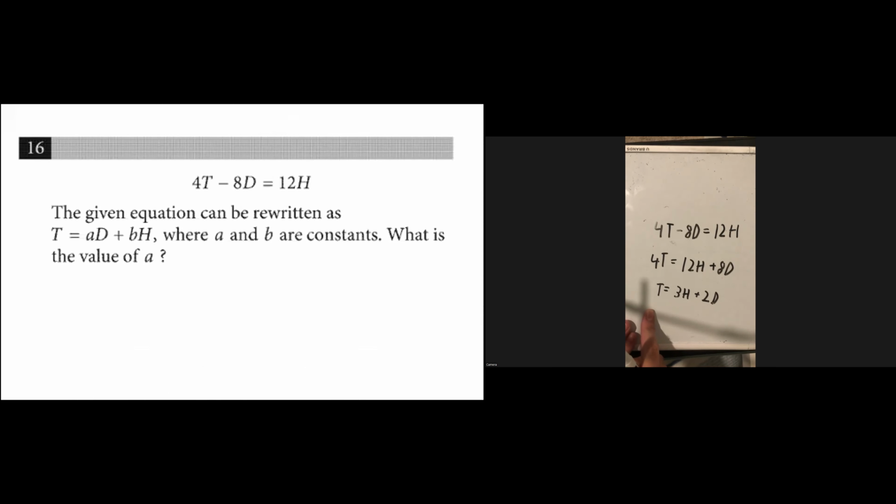It's d. So we take this, so it's 2. And it's 2, because it's d, not h. Okay, 16 is 2. Let me just check. Yeah, it is 2. Okay, question 17.